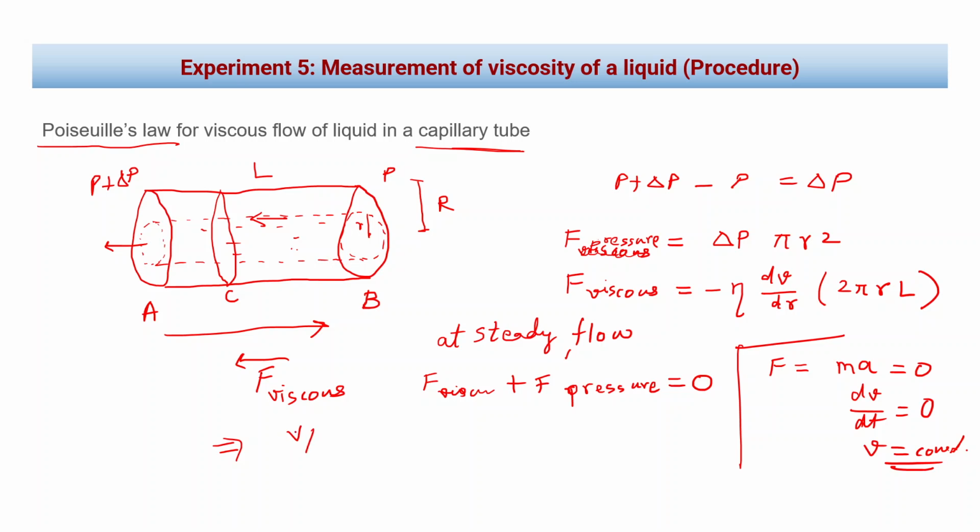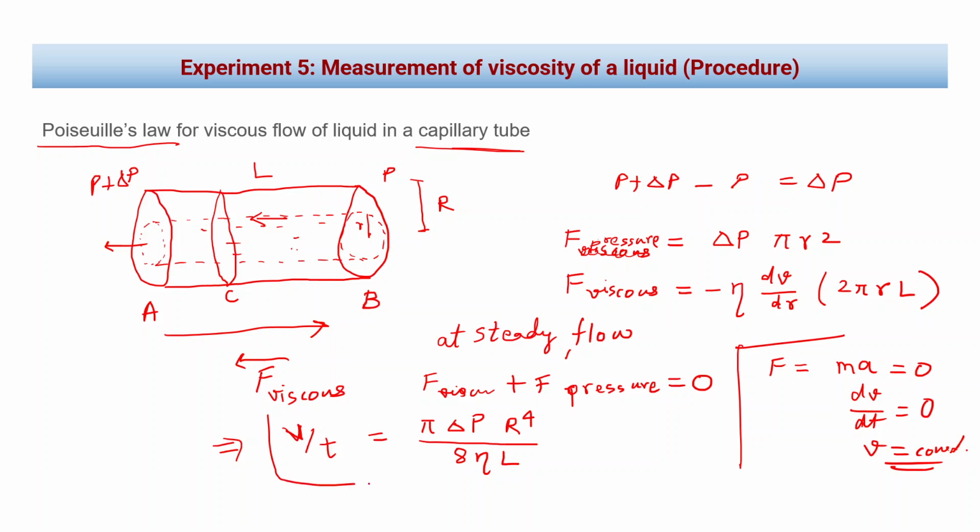So this is volume, capital V. So volume of liquid flowing per unit time in this kind of capillary tube or horizontal cylinder is given by pi, the change in pressure, radius of the tube, the capital R I'm using, to the power 4, divided by 8 eta, and this is the length of the cylinder.